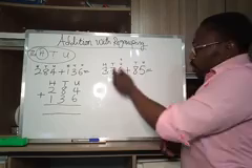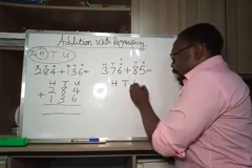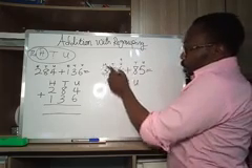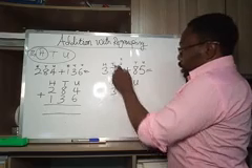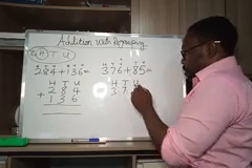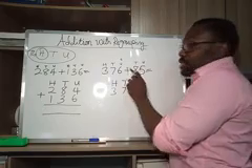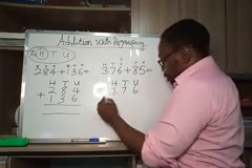Next thing you do, you start to arrange. You put your H, your T, and your U. Then 3 is under H, 7 is under T, and 6 is under U. Remember, look at the sign, plus, because we're having addition.